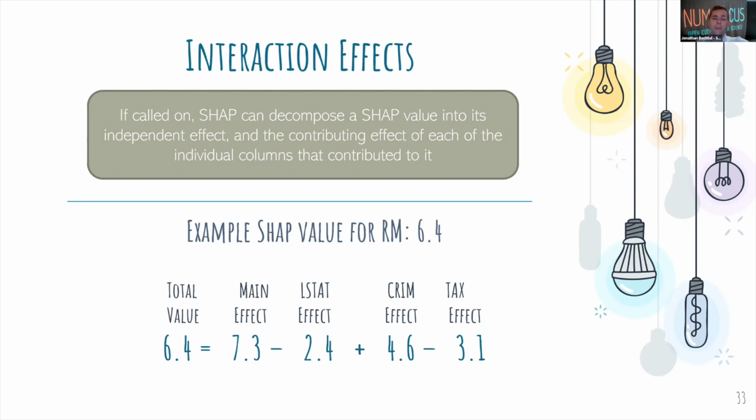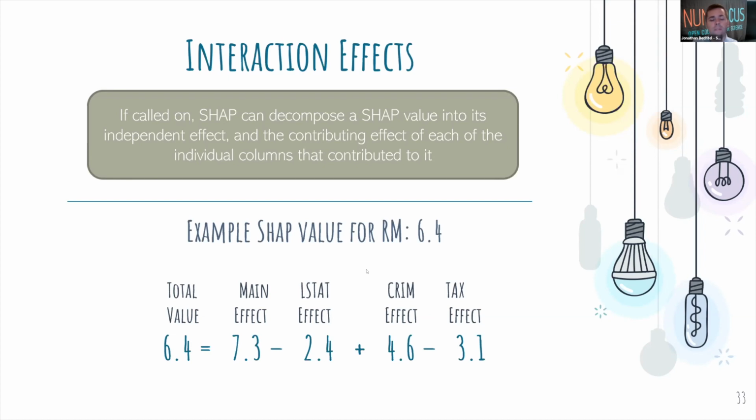That way you have the main effect and then the effect you can attribute to each of the individual columns coinciding with it. So for every single SHAP value, for every single sample, you have the main value, which is the contribution of the main effect, added together with all the individual effects from each of the individual columns itself.